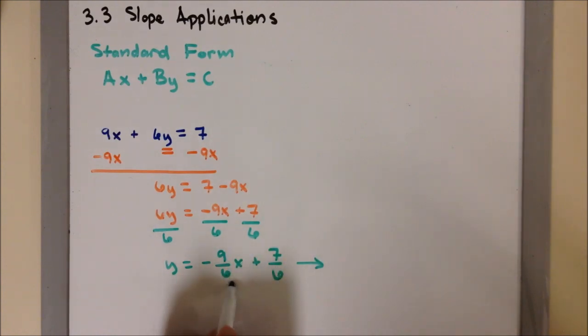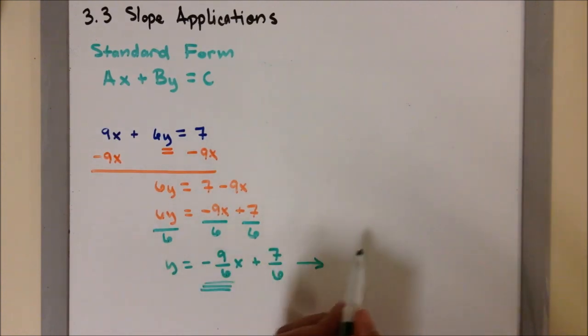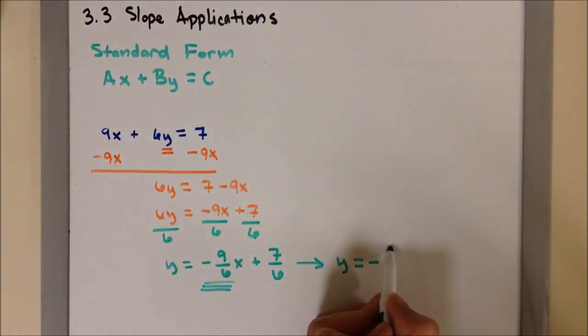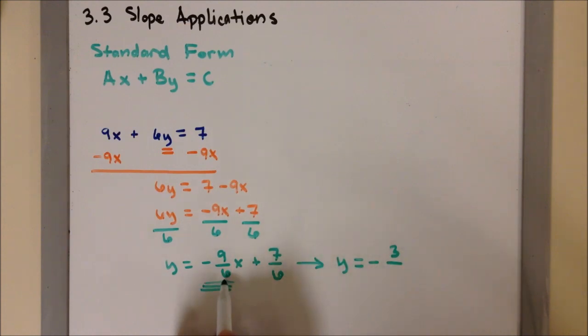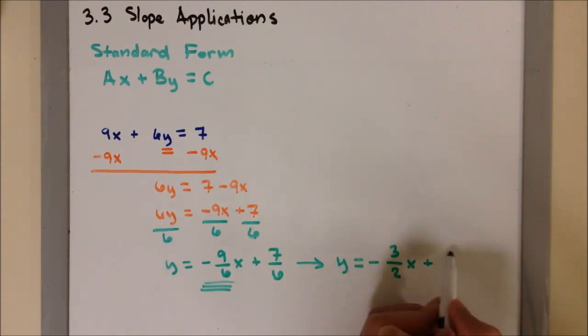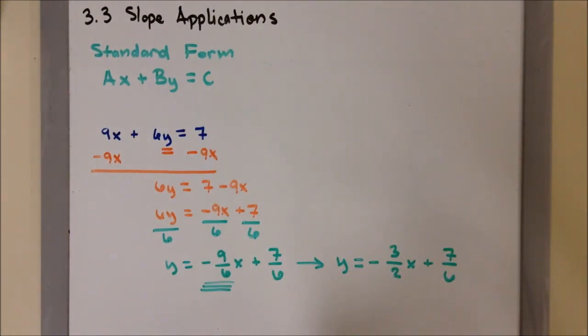So it's still going to be negative, and 9 over 6 simplified by a common number of 3: 9 divided by 3 is 3, and 6 divided by 3 is 2. And then x plus 7 over 6. So there's my slope-intercept form.